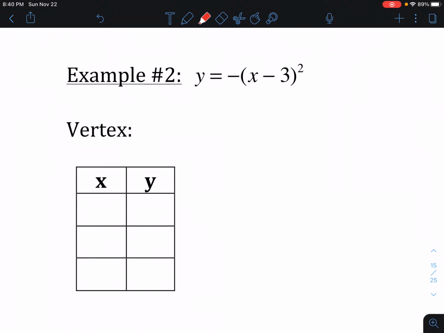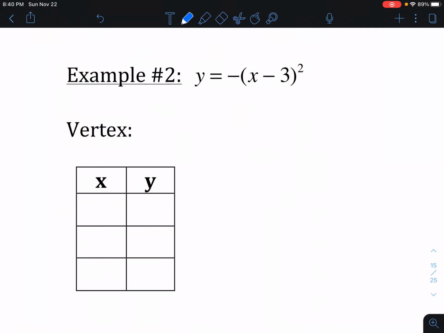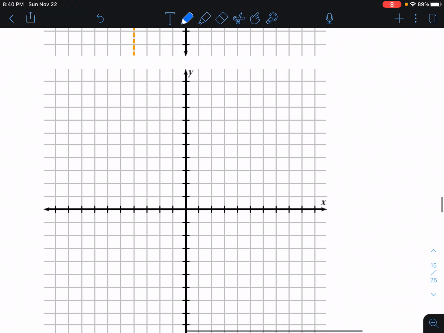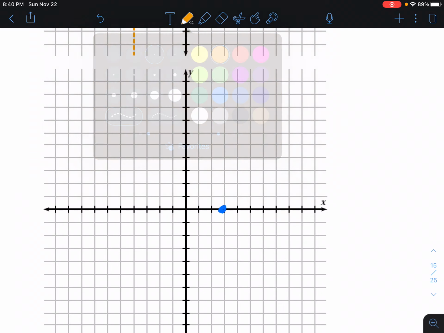So example 2, the a, by the way, is a negative right after the equal sign. So this guy's going to open down. Could put a plus 0 for the k there. The vertex, h, is 3. Remember, opposite of minus 3. And the k is 0. So let's plot 3, 0. Let's draw the axis of symmetry.